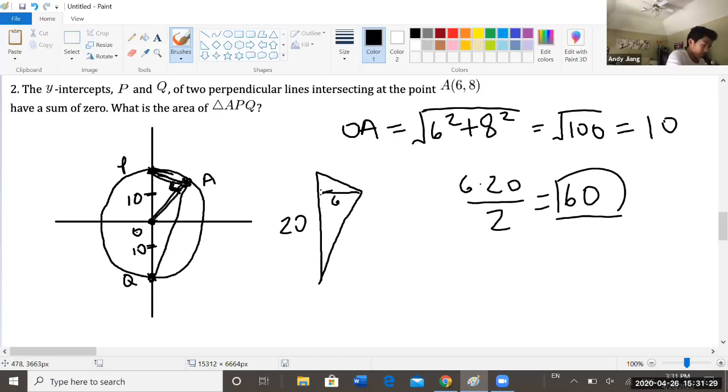So that's the radius, which means that OP is also 10, and OQ is also 10. And then finally, to find the area, I have 20 as the whole diameter times the height, which is 6, and then divided by 2.